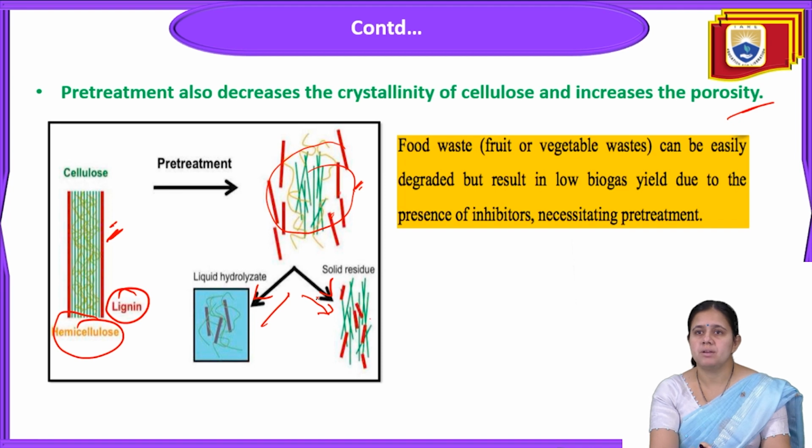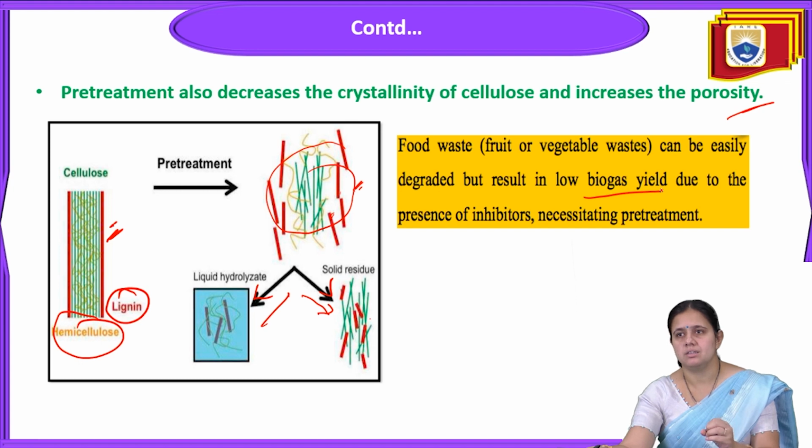Food waste, the fruit and vegetable waste, can be easily degraded but results in a low biogas yield due to the presence of inhibitors, necessitating pretreatment. This pretreatment will be required to decrease the crystallinity of cellulose.